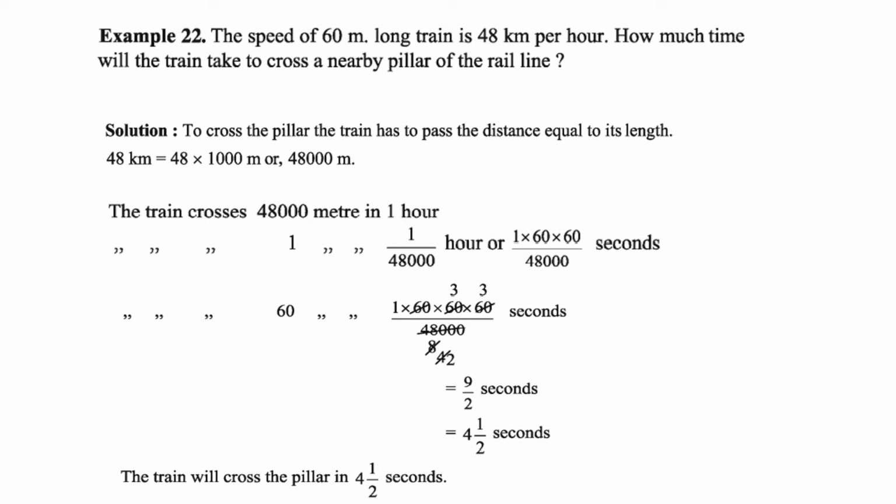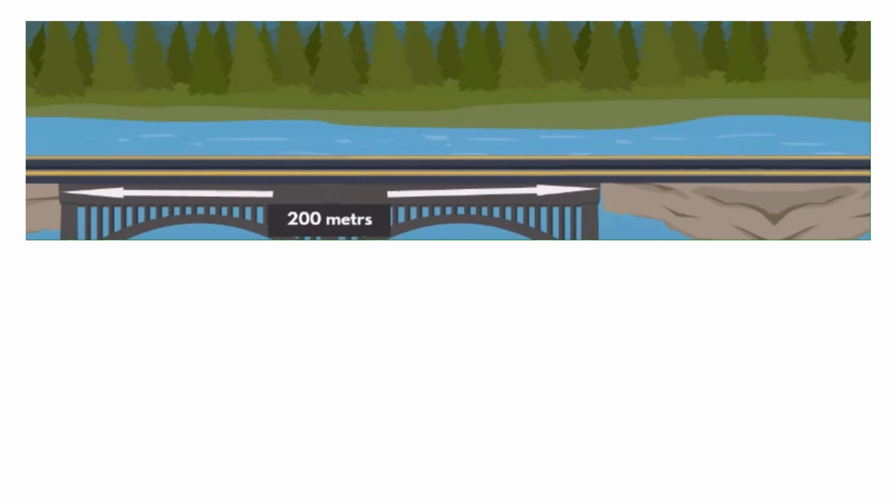So let us see some more complicated problems with trains. Look at this picture with careful attention. This time your train will not pass a pillar but a bridge of 200 meters. You're watching that.